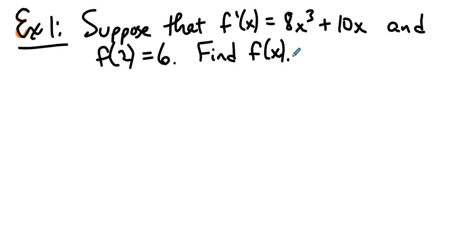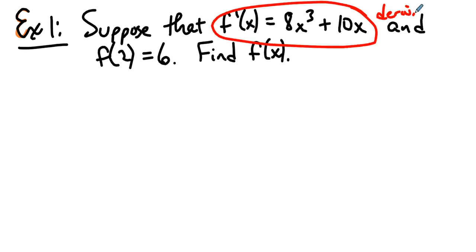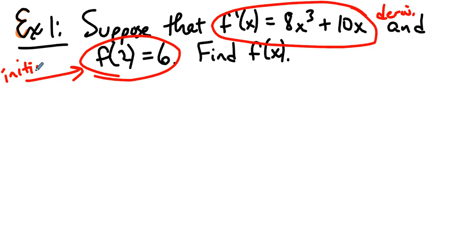An initial value problem has a derivative and some initial condition, one point that we know is on the curve. And then it asks us what the function is. So we know the derivative, we know one point on the curve, we're supposed to find what the function is. How can we do that? Well, we know a little bit about the function.